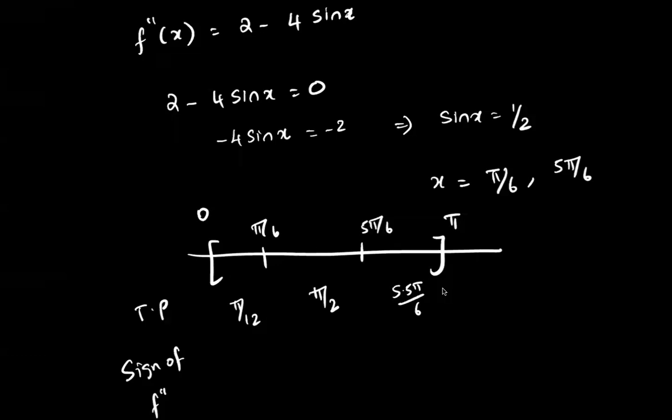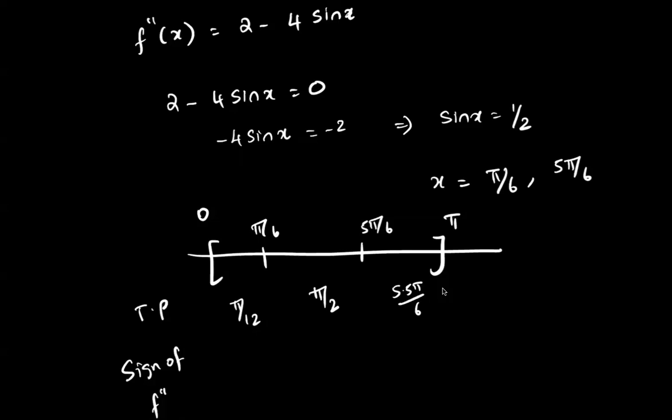Let's wait. So sine x is going to be less than half, right? So 4 times sine x is going to be less than 2.